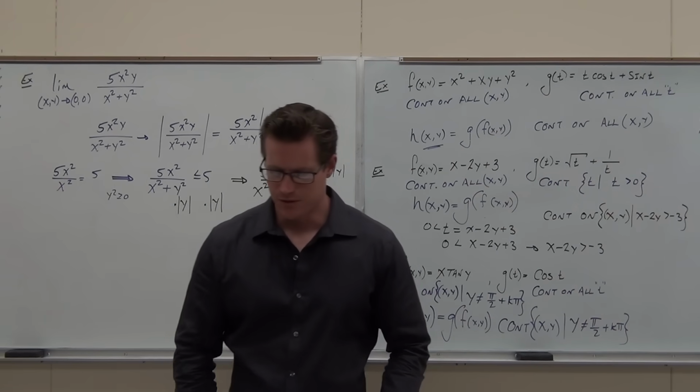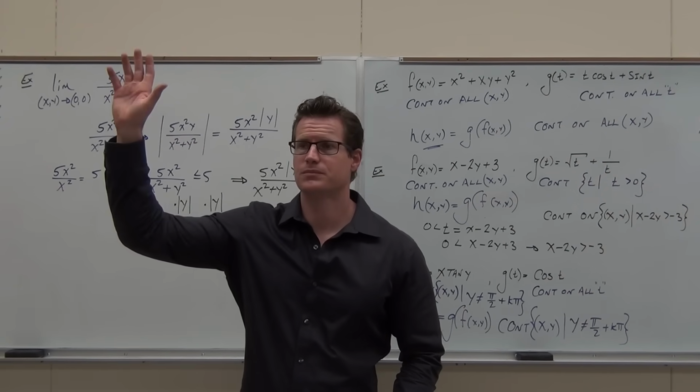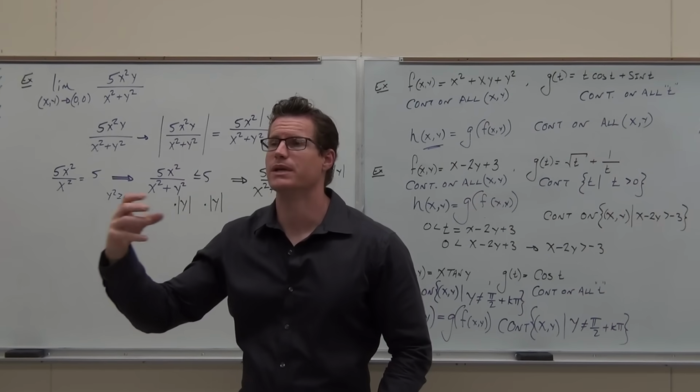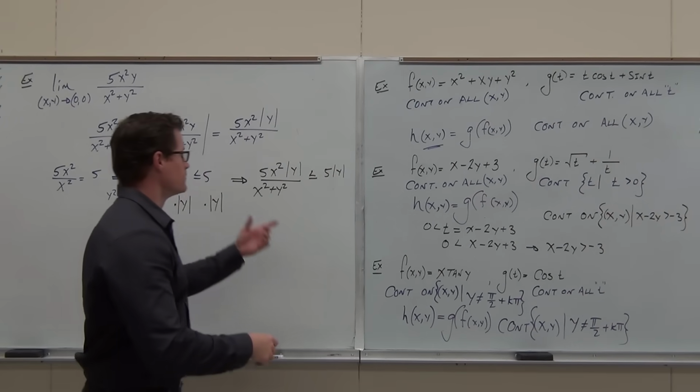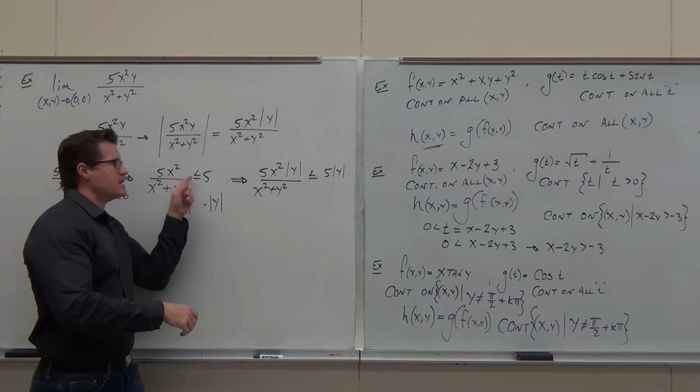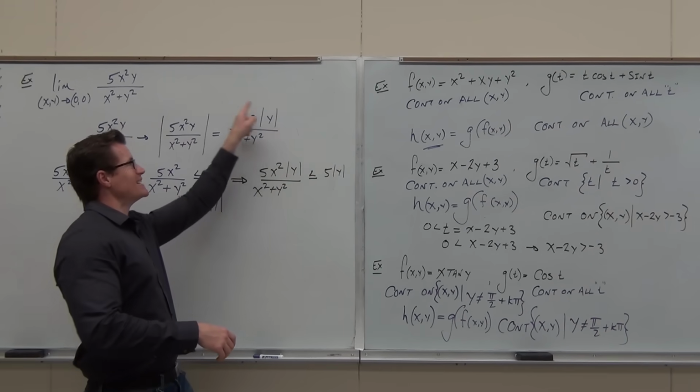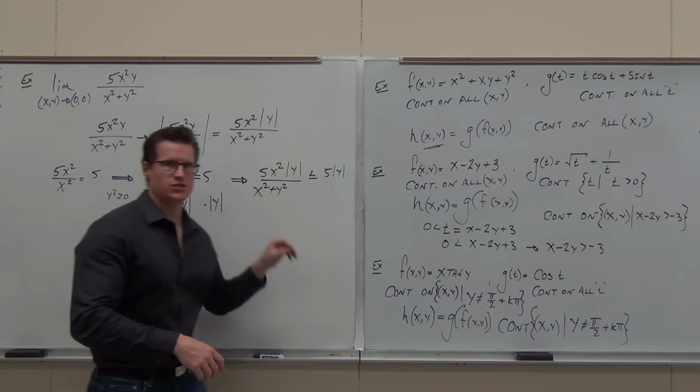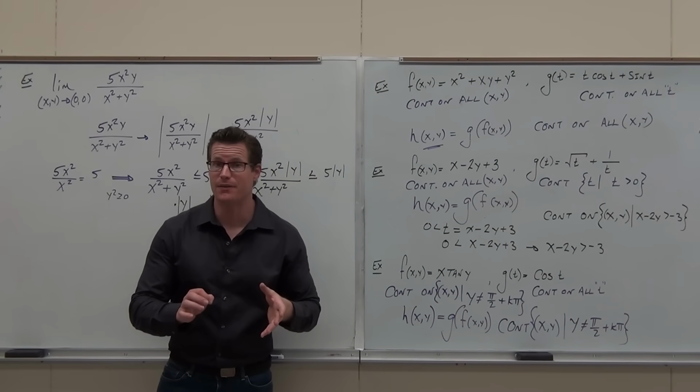Can I have an honest show of hands if you feel okay with this so far? This is the reason why we needed the absolute value, so that I could multiply by something and not flip that inequality and get the same thing out of it. You guys get the idea? That's why I needed that.